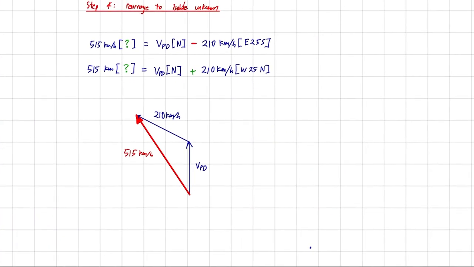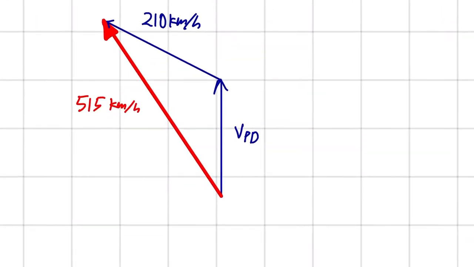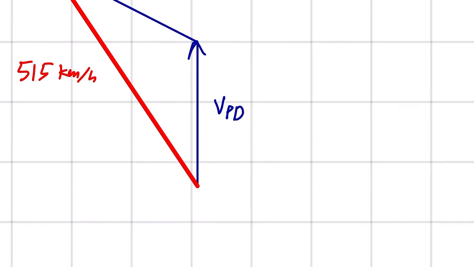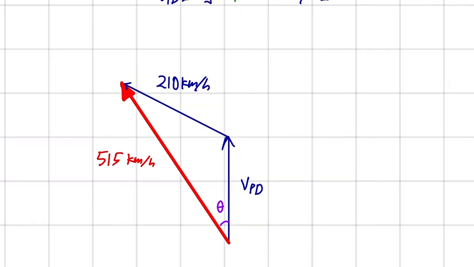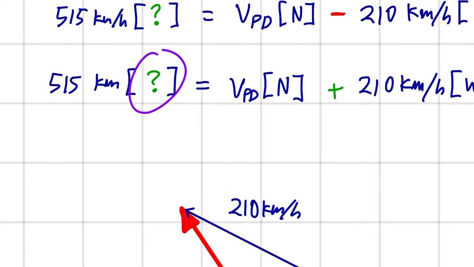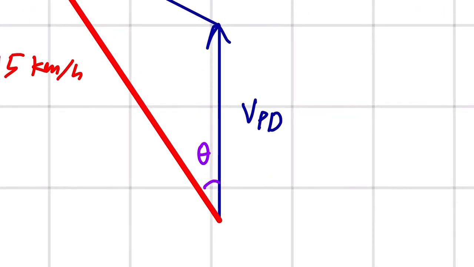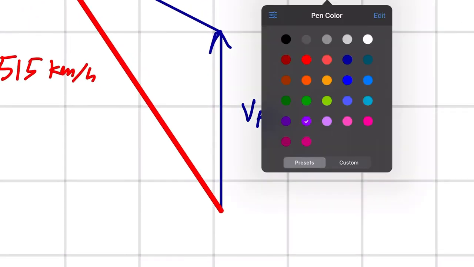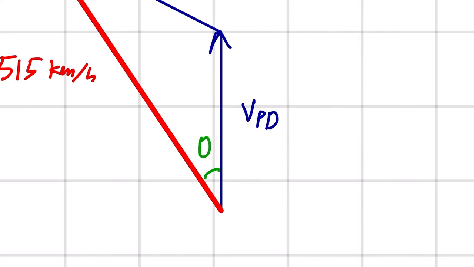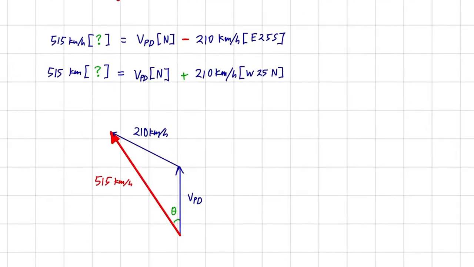All right. And again, we don't know the direction, so we don't know what this direction is. This is kind of our unknown. I'm actually going to do it in green for now, because this represents our unknown.